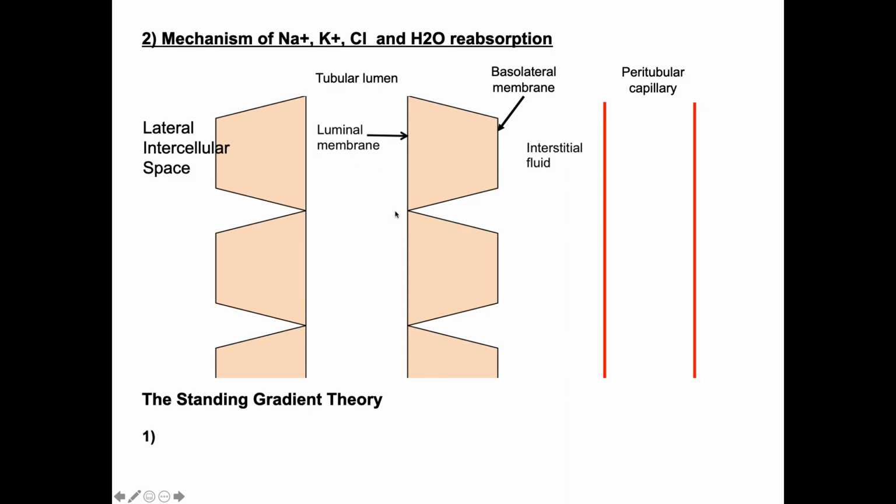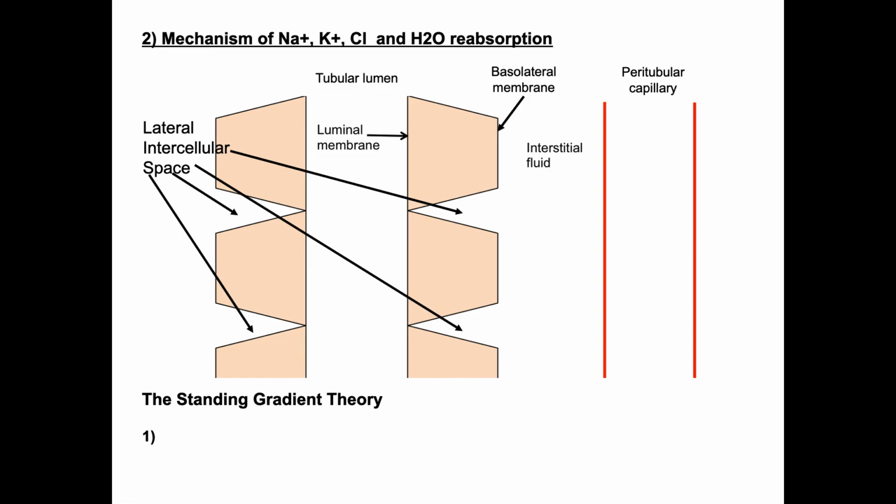And then in between each of these cells in the proximal convoluted tubule, we have these lateral spaces, these lateral intercellular spaces. All right. So everything we're talking about is the process of reabsorption of sodium, potassium, chloride, and water. This is all going to happen according to what's called the standing gradient theory. And what I'm going to do is go through this process in a step-by-step manner.